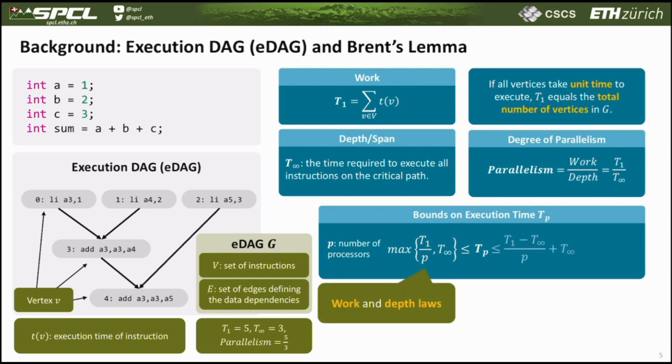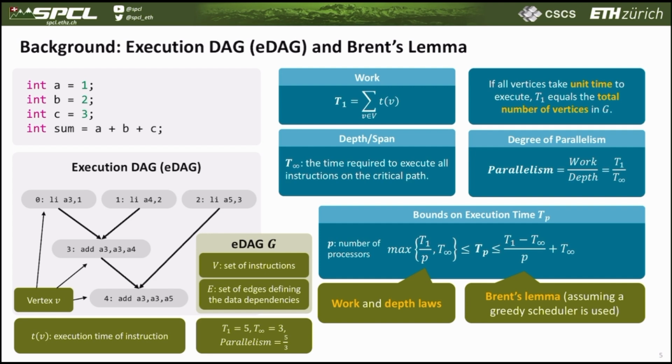And there is also Brent's lemma, which gives you an upper bound by assuming that you are using a greedy scheduler, and then you are forming different levels. I don't want to go into deriving Brent's lemma here. Everybody who has studied computer science should have heard this at some point, and we will just use this formula later when we want to go to memory latency sensitivity. Okay, so this is the basics.